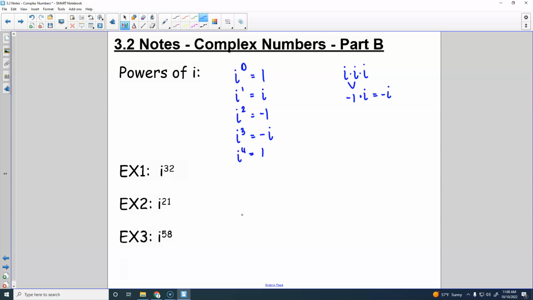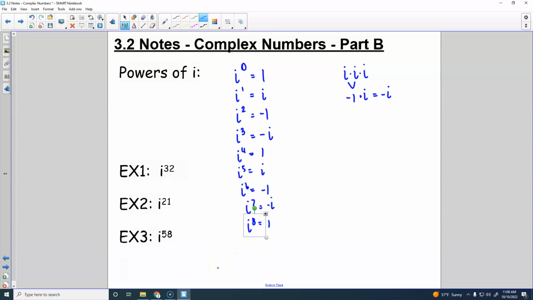Okay? So one really, really long way, if we know i to the 32nd, we could just keep going with the pattern. i to the 5th is i, i to the 6th is negative 1, i to the 7th is negative i, i to the 8th is 1.